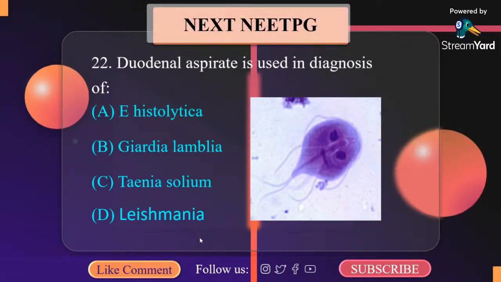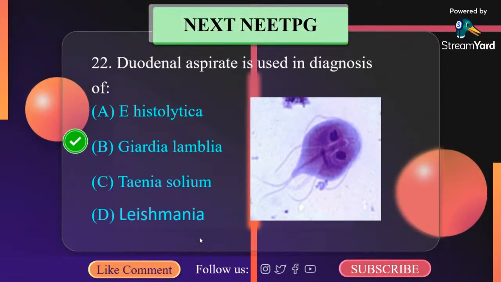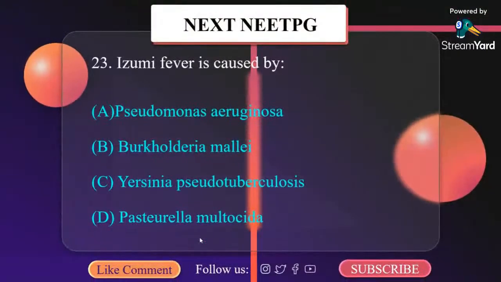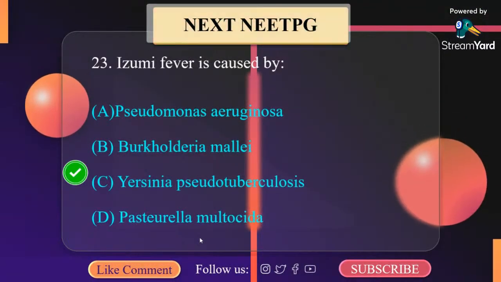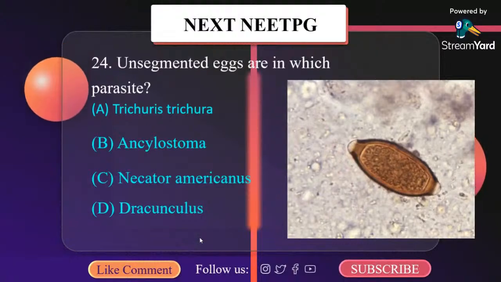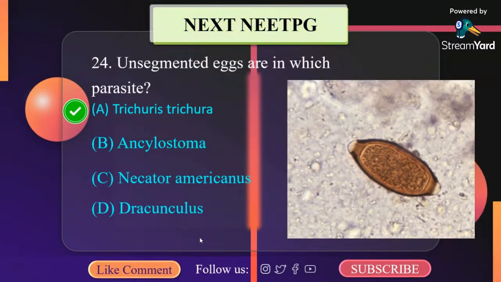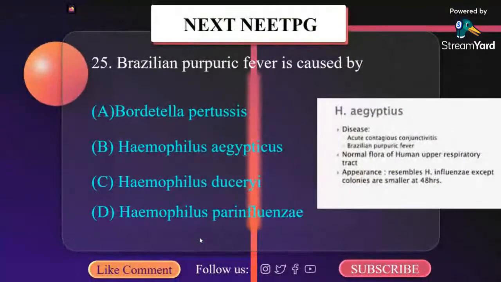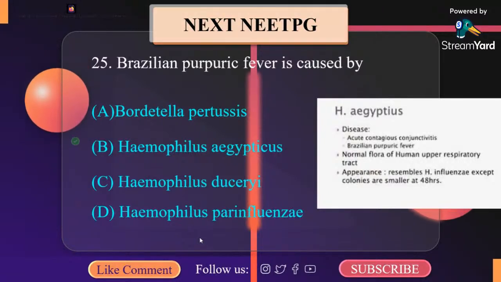Duodenal aspirate is used in diagnosis of Giardia lamblia. Izumi fever is caused by Yersinia pseudotuberculosis. Unsegmented eggs are seen in which parasite? It is seen in Fasciola. Brazilian purpuric fever is caused by Haemophilus aegyptius.